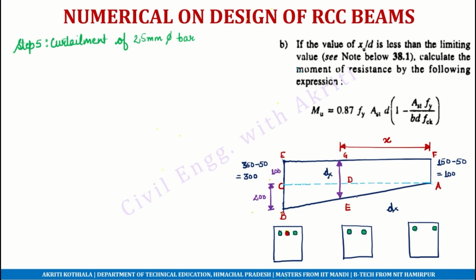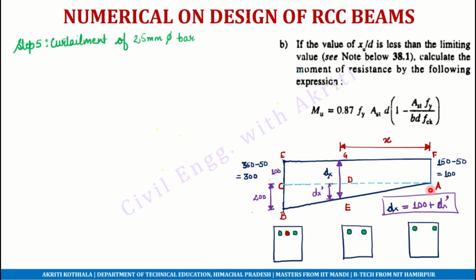So let's say we call DE is equal to dx dash. So I can write dx is equal to 100 mm plus dx dash. This is the value of effective depth at distance x from the free end. We have to calculate this value of dx dash to solve for dx.